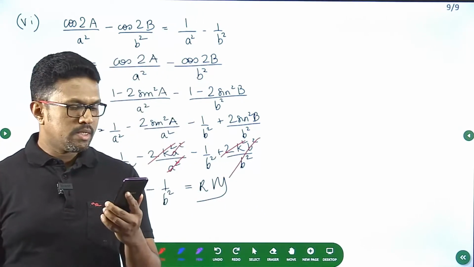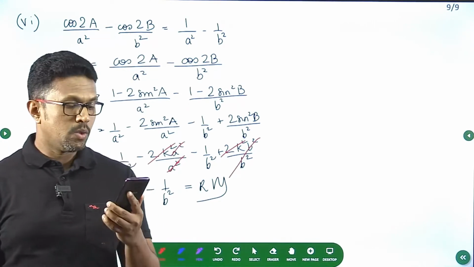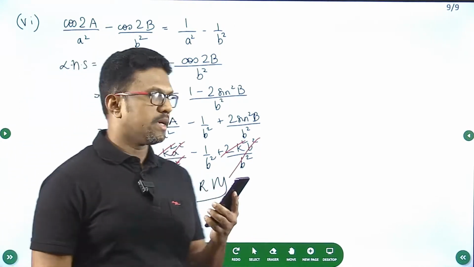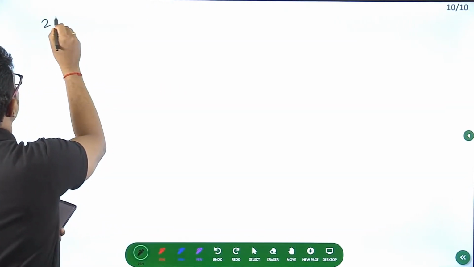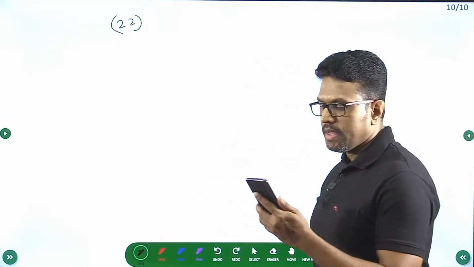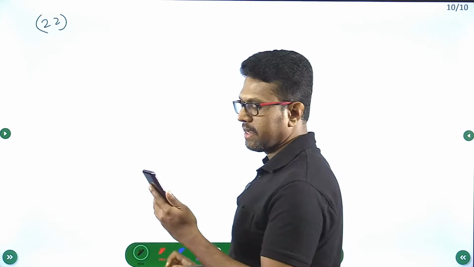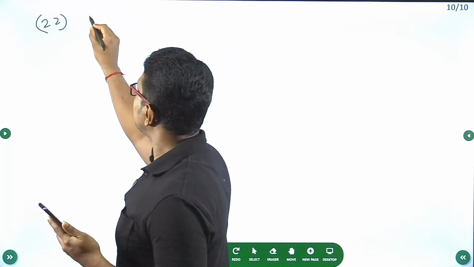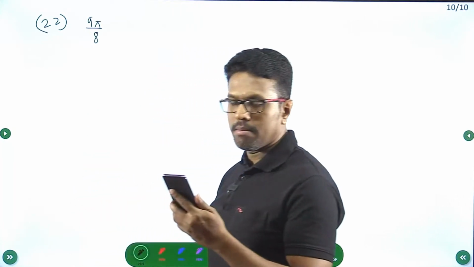An important question that should be done here is question number 22. I'll do that also. There is a misprint in that. In the 22nd, what is given is 9 pi by 5, but of course this should have been 9 pi by 8.